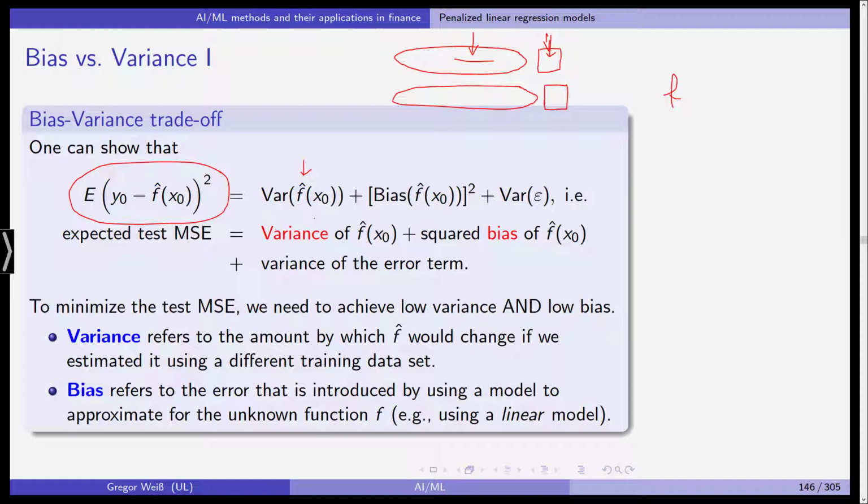Okay, so you can see that the expected test mean error here is due to the fact that, first of all, we might have the wrong model, that is the bias, and it could be due to the fact that, yes, we have the right model, f is approximated correctly by, for example, a linear model, but if we use different training data, we still get a slightly different approximation. And you can see this quite easily.